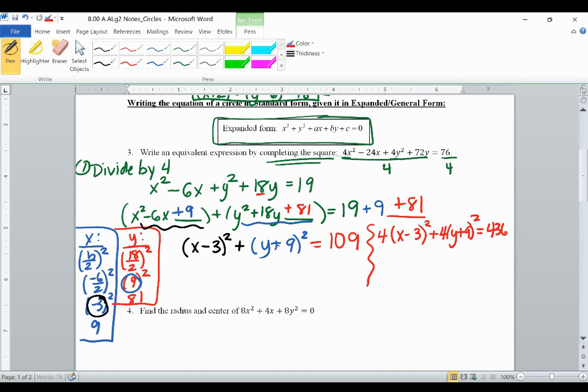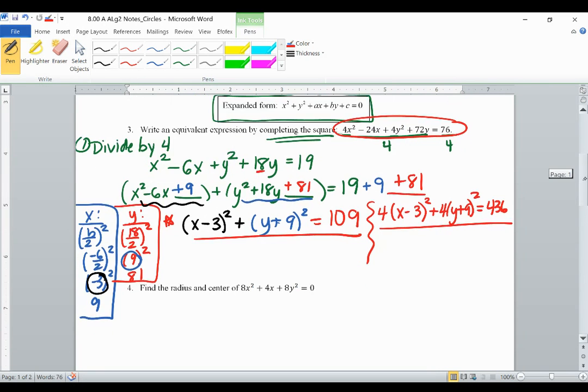So that would be 436. So this is also an equivalent expression. So if you had gotten this for your answer, that's the same as this, which they're all equivalent to this original equation. Okay, so this is the way we usually do, is we just divide by the 4 at the beginning, and then we get that for our answer.